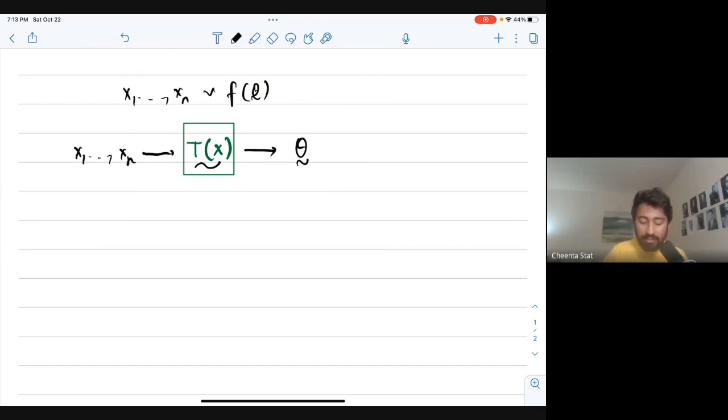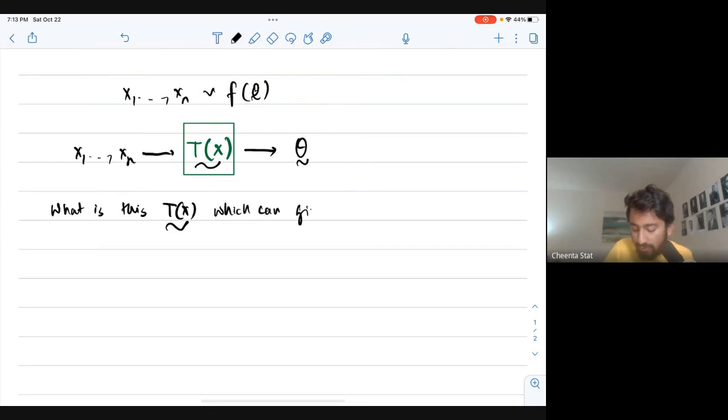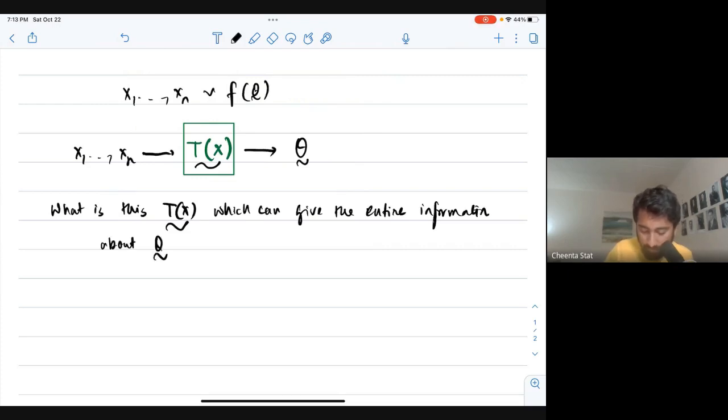So the question is, what is this T(X), this compressed data, which can give the entire information about theta without knowing the sample?